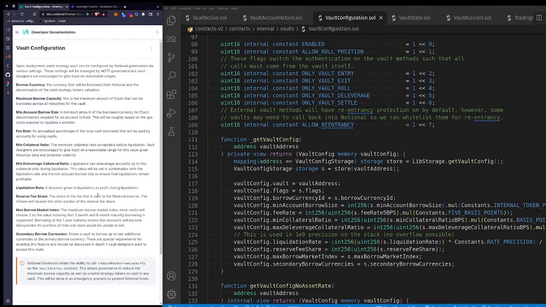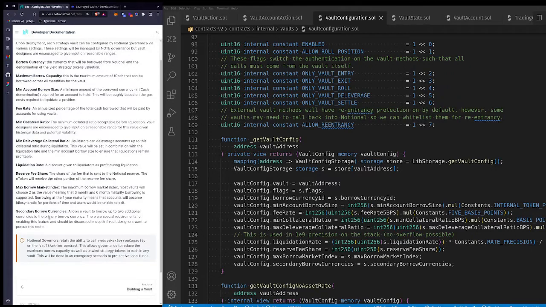There's a discount rate given to liquidators as a profit, and a reserve fee share. There is also a configuration parameter which sets the maximum borrow market index. You can think of this as the maximum tenor at which vaults can borrow. So Notional tenors go from 3 month to 6 month to 1 year to 2 years and on.